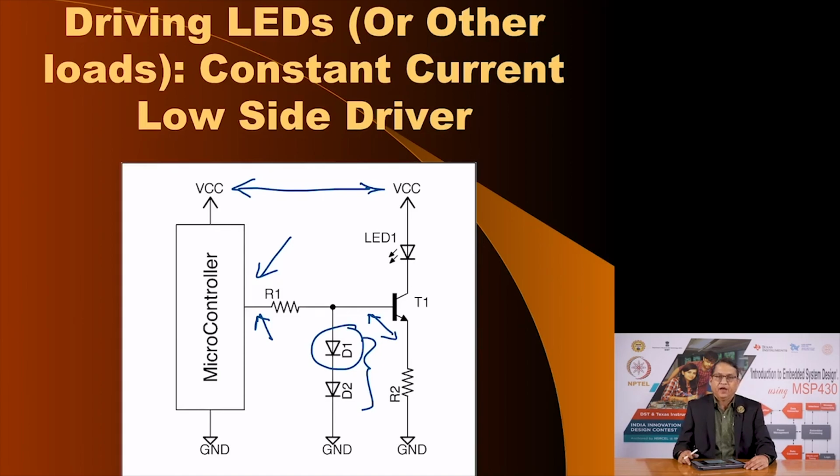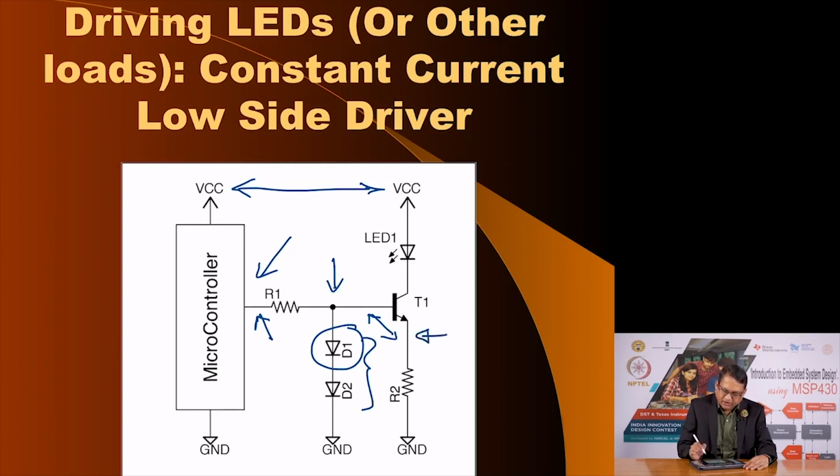Mind you that this NPN transistor is not operated as a switch. Here the transistor is being operated in the forward active region, and the configuration is actually an emitter follower, that is common collector.